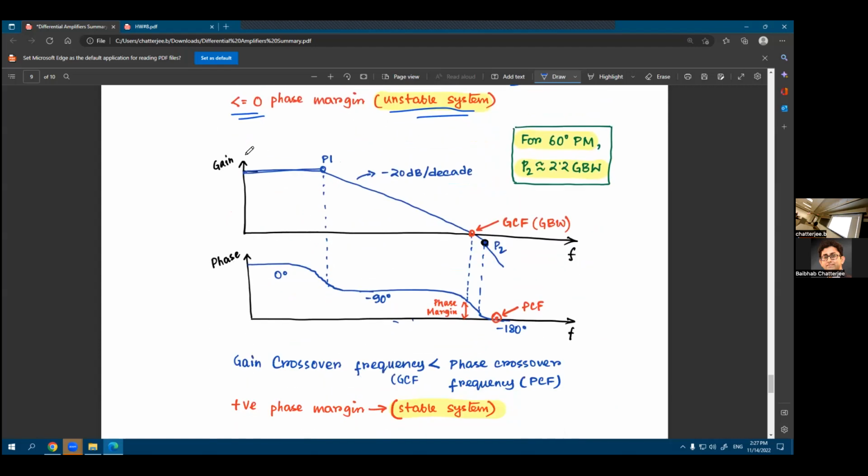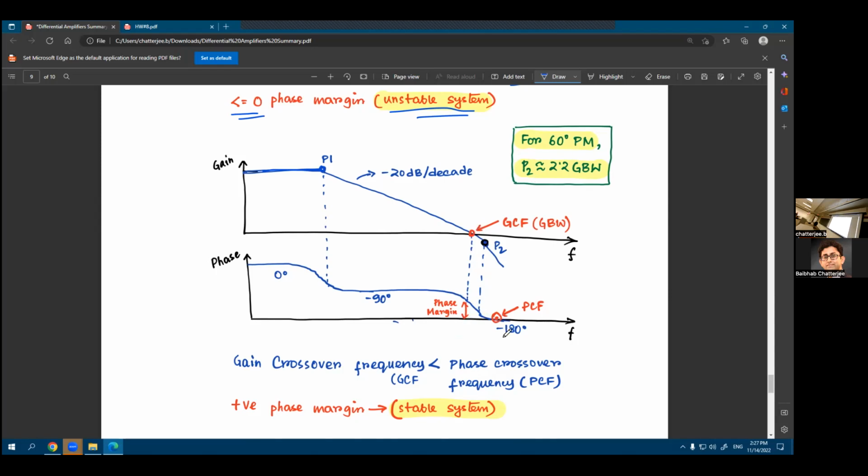On the other hand, if you had a single pole system, you have your P1 here, you have your 20 dB per decade slope, and you have your P2 here, right? After it has crossed the gain crossover frequency. So what is happening to the phase? You have a minus 90 degree phase because of P1, but P2 comes much later. P2 comes after the gain crossover frequency.